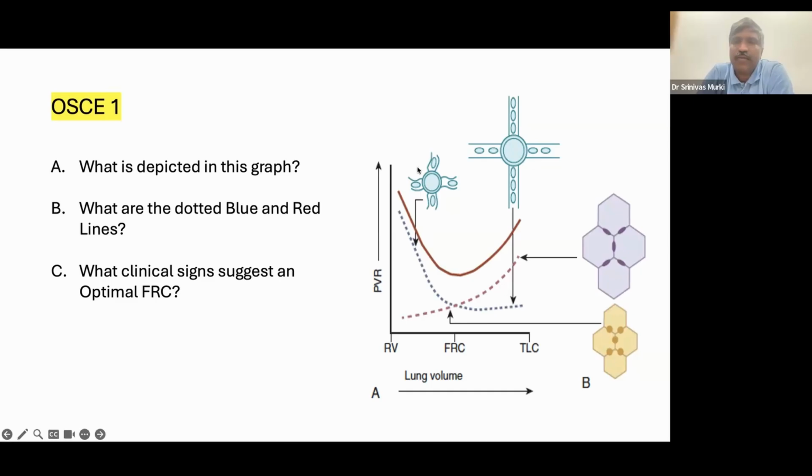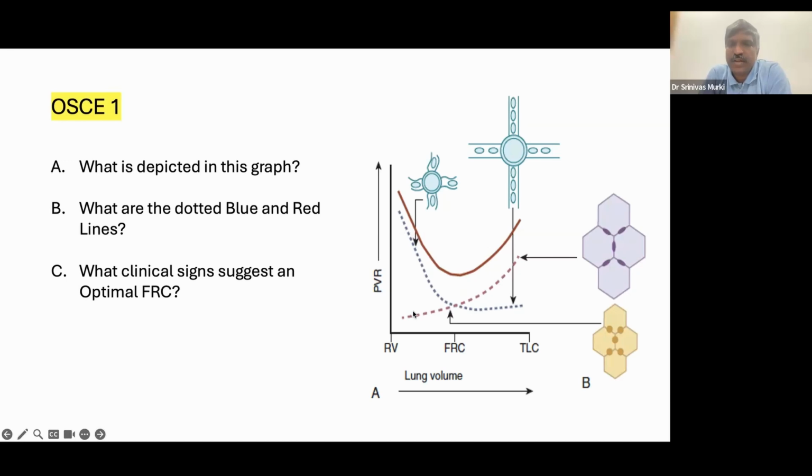So extra-alveolar blood vessels are the ones which get compressed when the volumes are small. So when the volumes are small, like RDS, you will see the vessels get compressed and the PVR will rise.